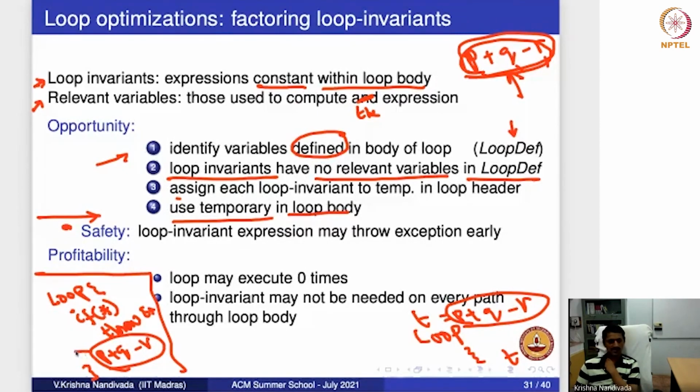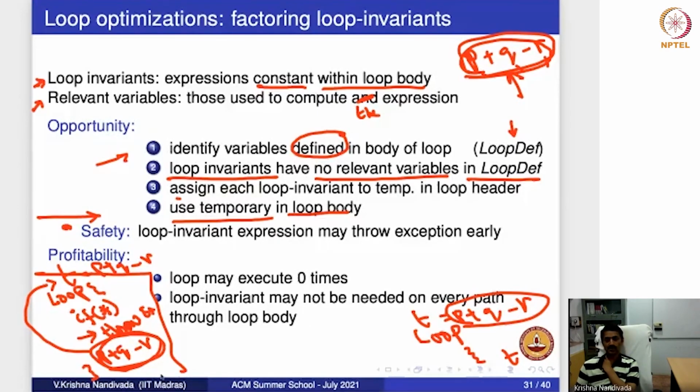If I move this code here, and I write T equal to P plus Q minus R. In the actual loop, this should have executed only if the exception is not thrown. Correct?